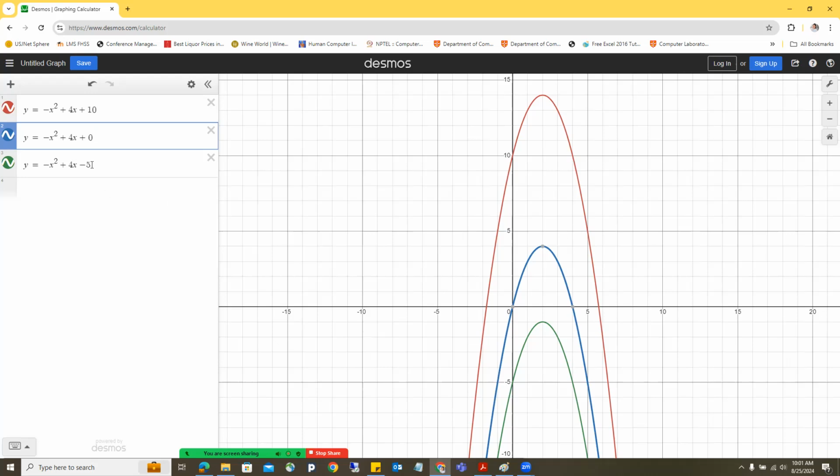From the blue one to the green one, only 5 units have been reduced, because here we have 0 and here we have minus 5. So the entire graph has been shifted down by 5 units.